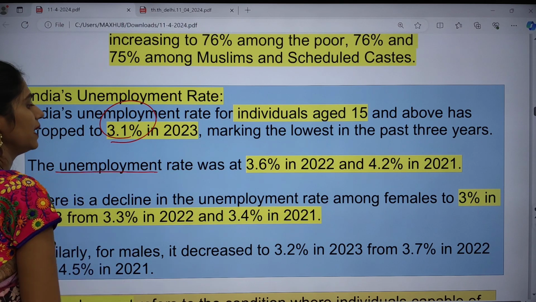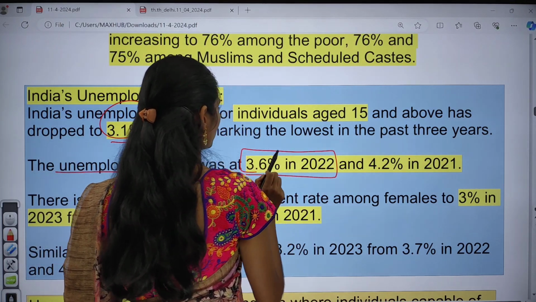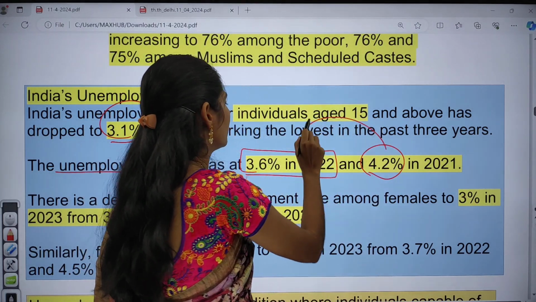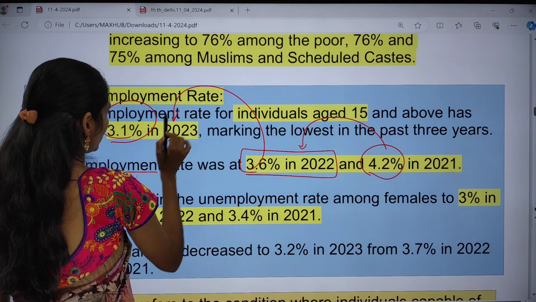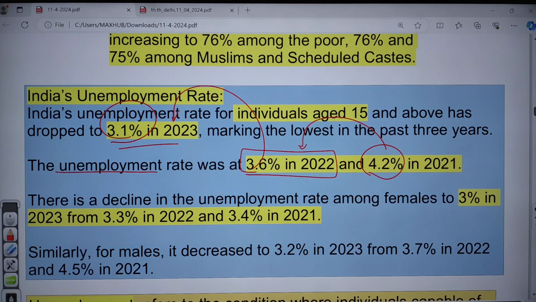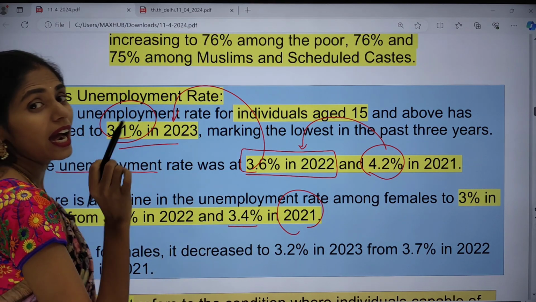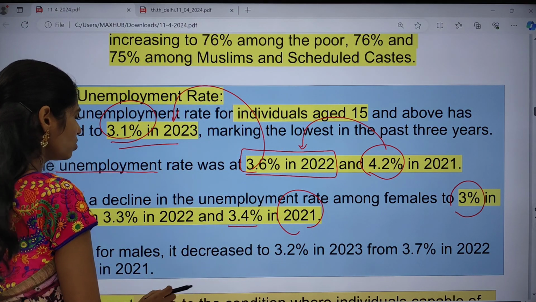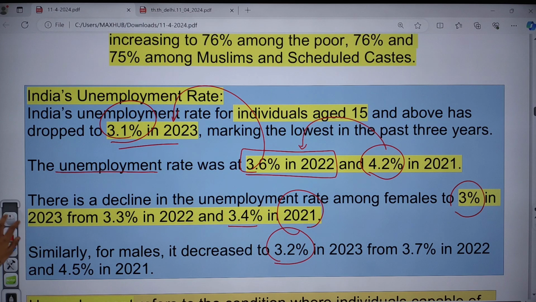This unemployment rate was 3.6 percent in 2022, and in 2021 it was 4.2 percent. So it has decreased from 2021 to 2022 and from 2022 to 2023. There is also a decline in the unemployment rate among females to 3 percent. Earlier in 2021 it was 3.4 percent, and now the 2023 data says around 3 percent. For males it has decreased to 3.2 percent from 4.5 percent.